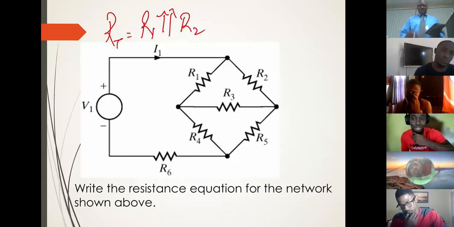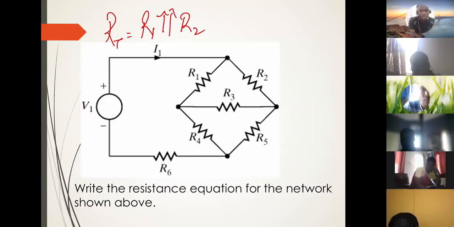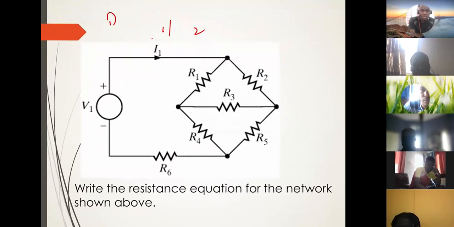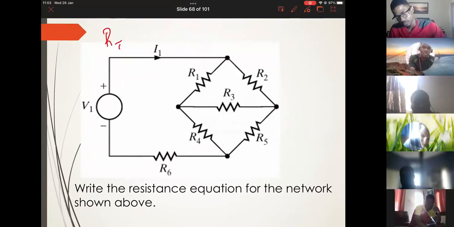All right. Okay. So let's have someone else give it a try. Thank you, Mr. McIntosh. Any other volunteer? Yes, sir. All right, go ahead, Mr. Clark. RT equals, I would start with R6 in series with the rest of the circuit. Okay, so you said RT is equal to R6 in series with the rest of the circuit, okay?